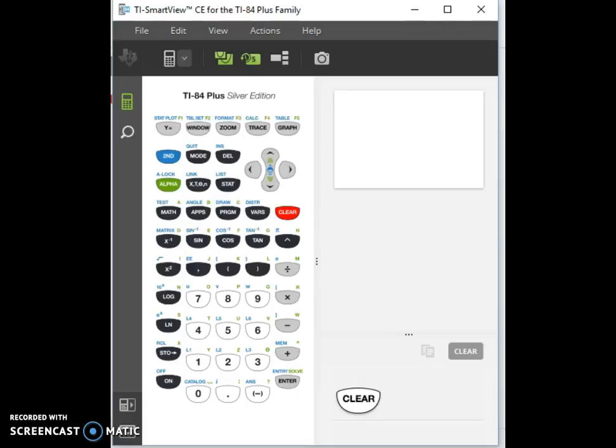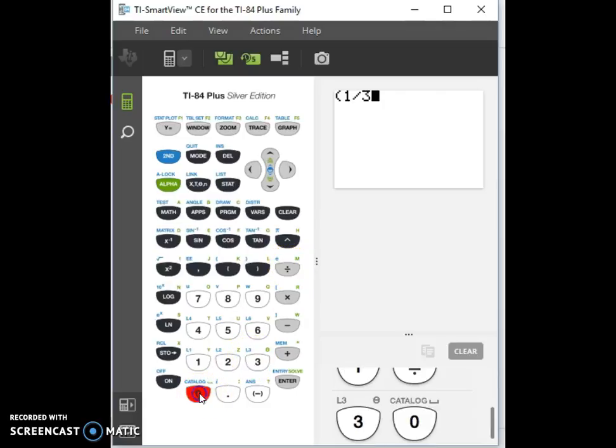To get a decimal approximation for k, this is how you will put it into your calculator. You will do parentheses 1 divided by 30, close parentheses, times the ln of 3 divided by 2, close parentheses.